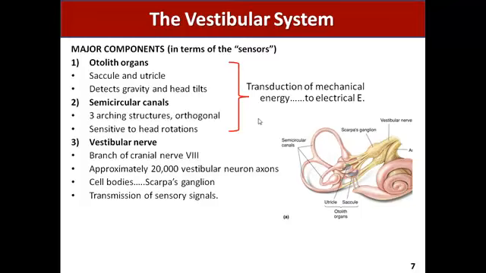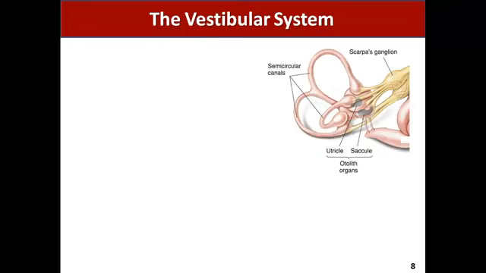So overall, when you think of these two major components of the vestibular system, their function is to transduce mechanical energy that arises from head and body motion to electrical energy, in the form of action potentials, which is the means by which our body communicates from one part to another.